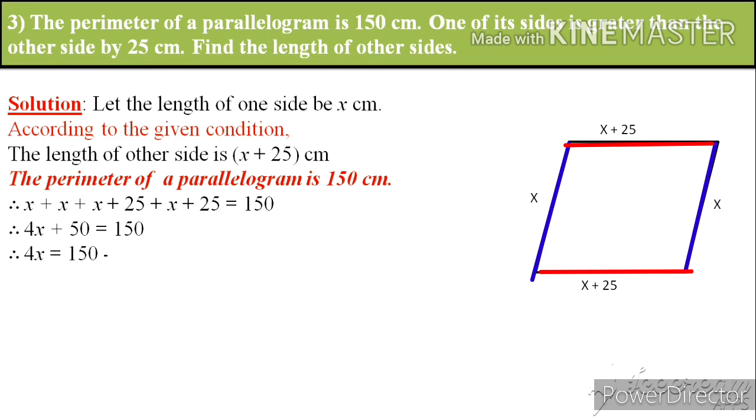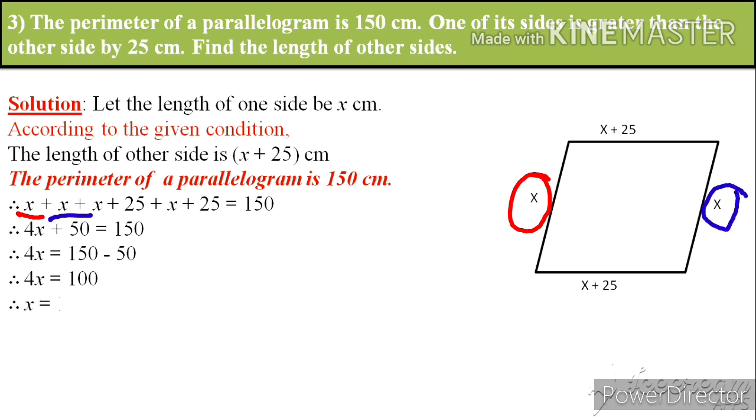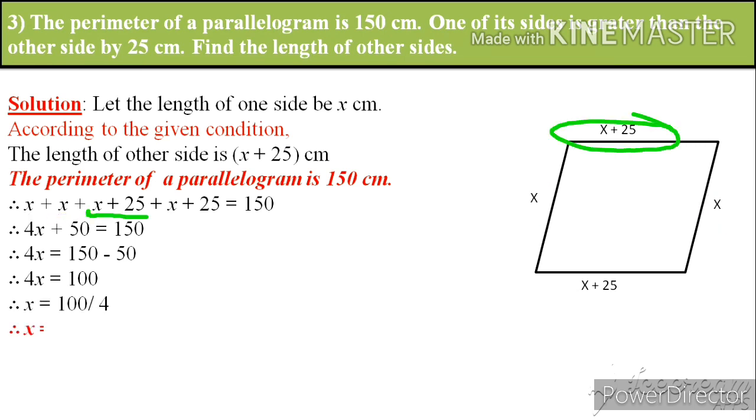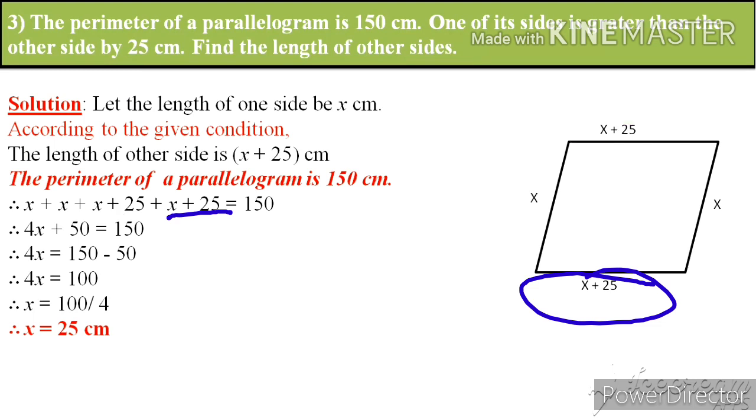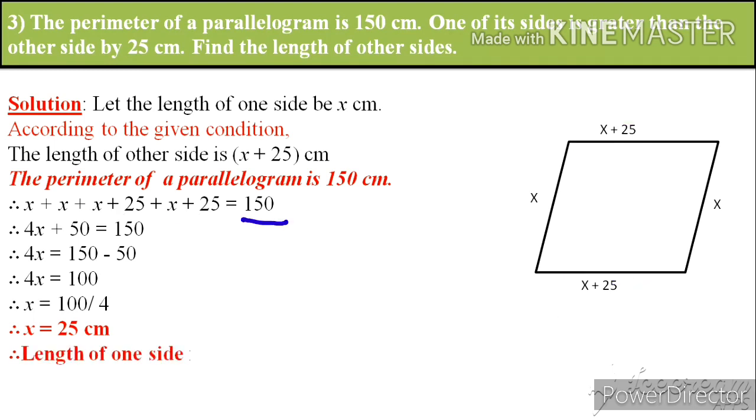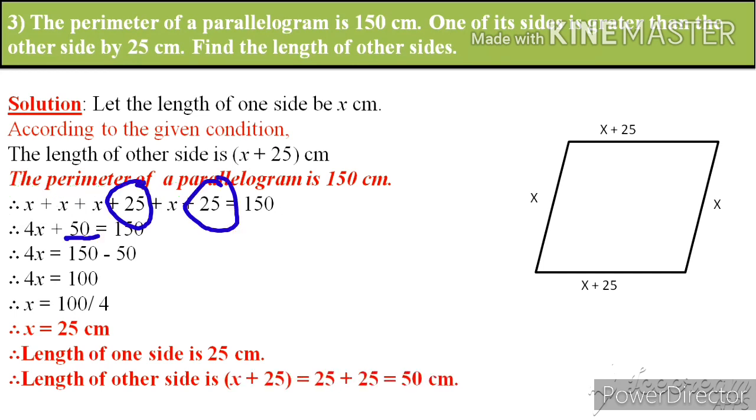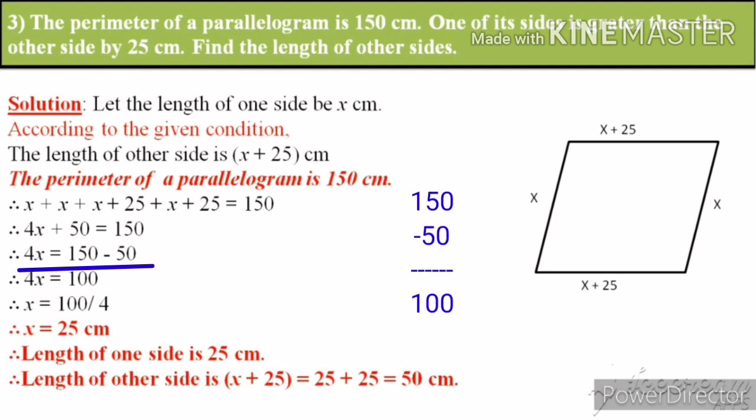So x plus x plus 25 plus x plus 25 equals 150. Total we have 4x plus 50 equals 150. Therefore 4x equals 150 minus 50. Therefore 4x equals 100.